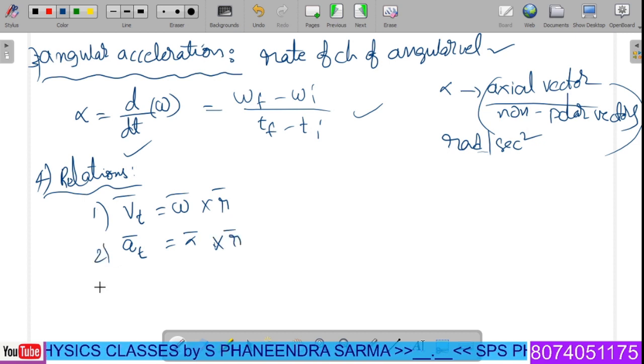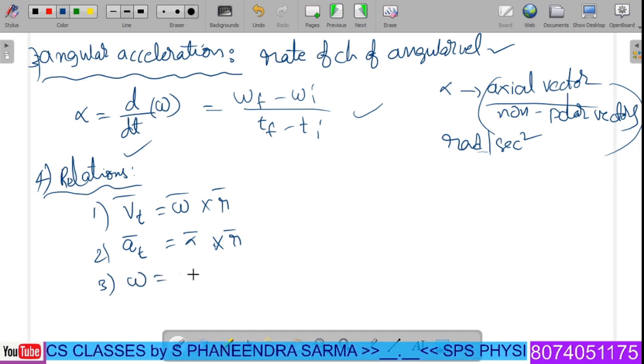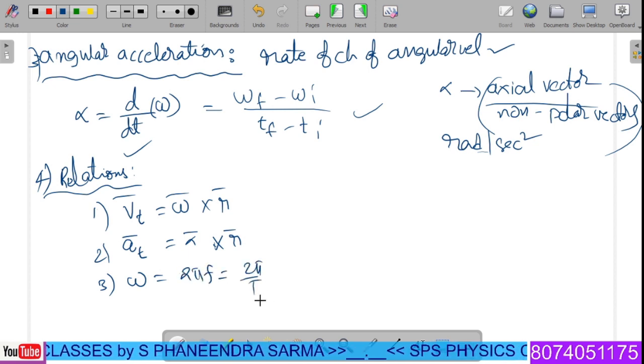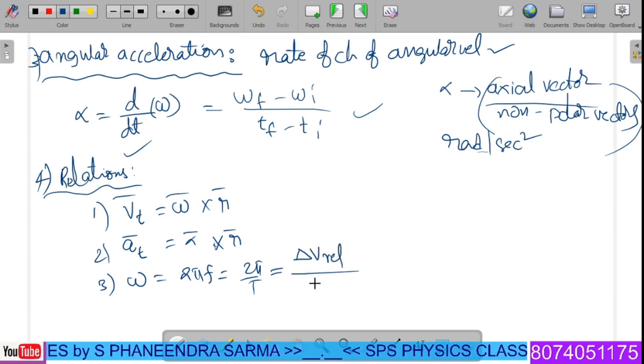Third relation: omega is equal to 2 pi f, which is equal to 2 pi by capital T, and this formula is also written as delta v relative by delta r, where delta r is the radius.